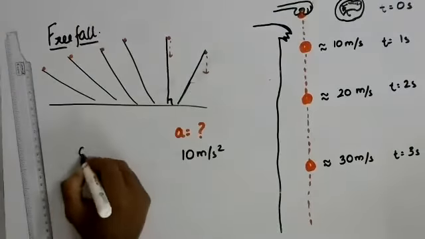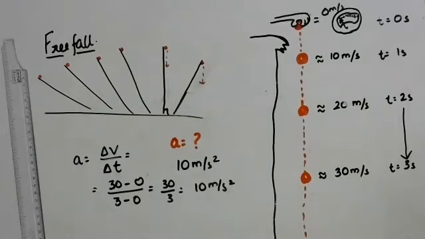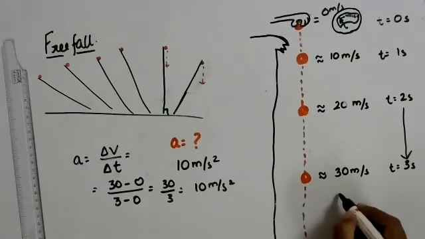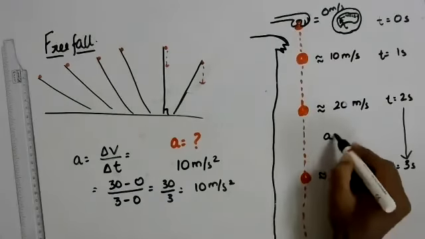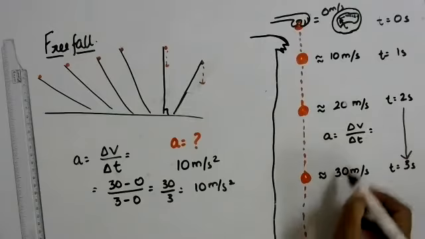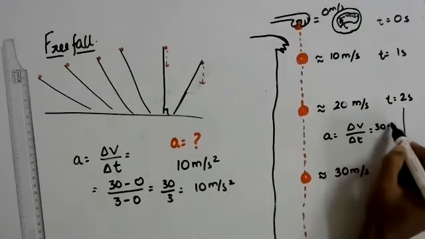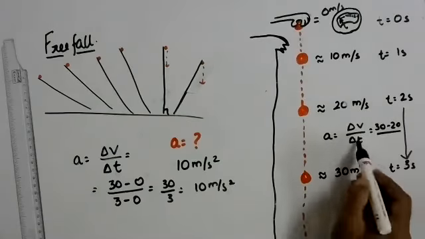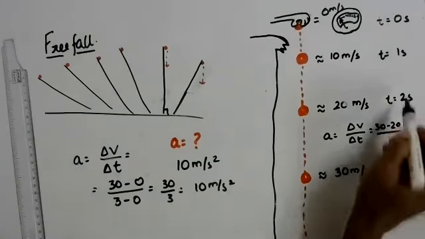Okay, confirm. Now just for the heck of it, we'll see what happens from 2 to 3 seconds. Same formula, that's verifying, right? Acceleration is equal to delta v by delta t. Delta v is 30 minus 20 and delta t is 3 minus 2.